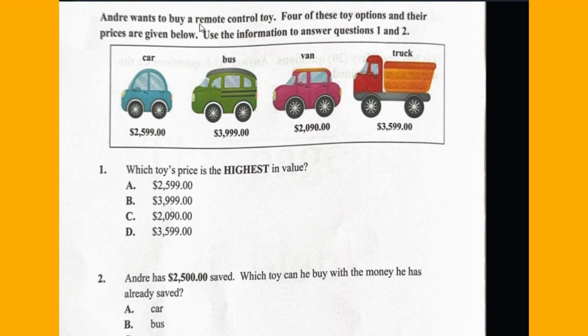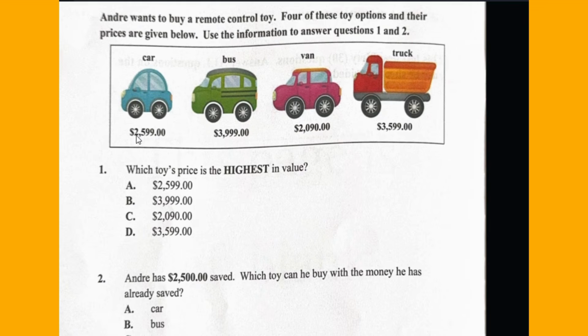Andre wants to buy a remote control toy. Four of these toy options and their prices are given below. Use the information to answer questions 1 and 2. Let us examine the picture firstly. Now we're seeing four types of vehicles and their prices.